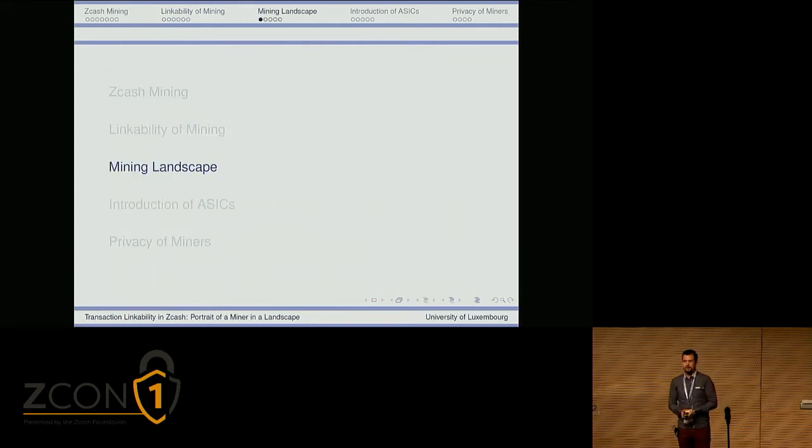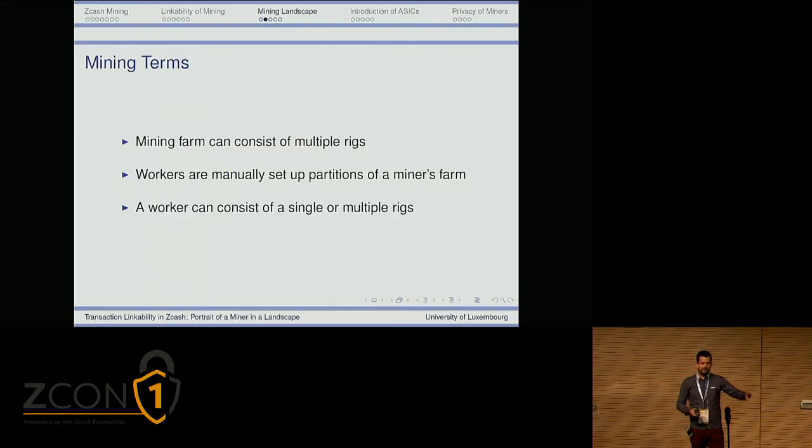So now that we have these mining transactions, and we have the miners in the mining pools and their specific addresses as well, we can try to figure out what the mining hardware landscape is. Before that, I have to mention a few small technical terms for mining.